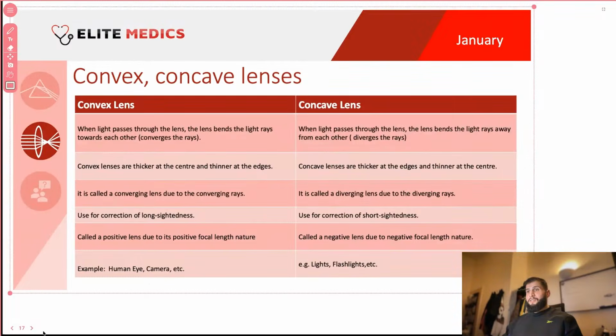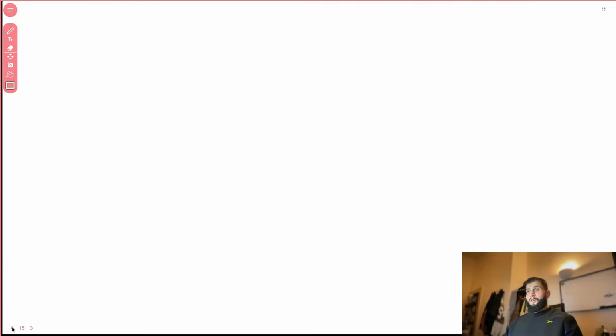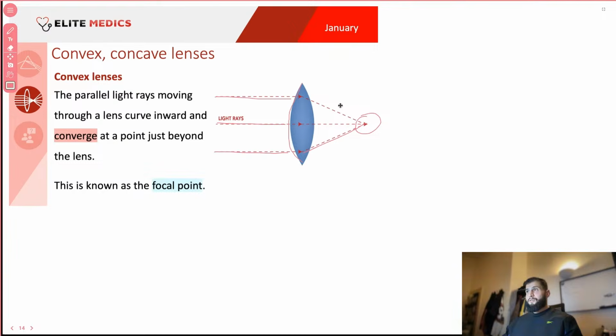So last class we went over concave and convex. So just a quick recap. Convex, you're thinking outwards. The light is going to hit across the plane, and then because of how the lens is created, it's going to go inwards, very similar to how the eyes work.